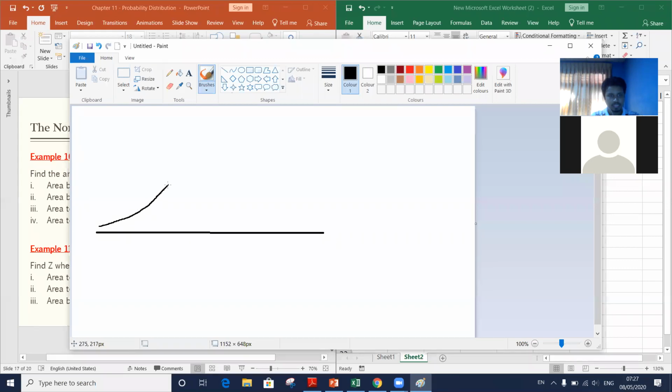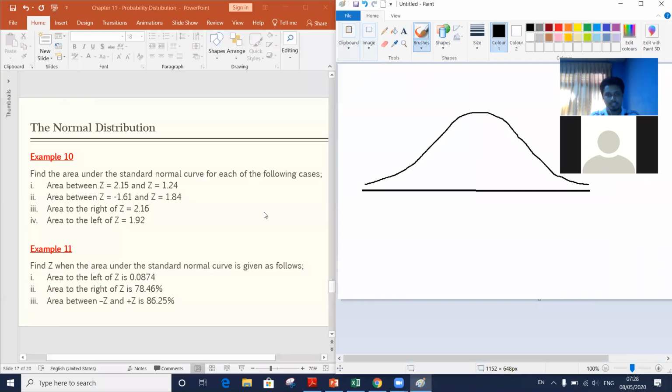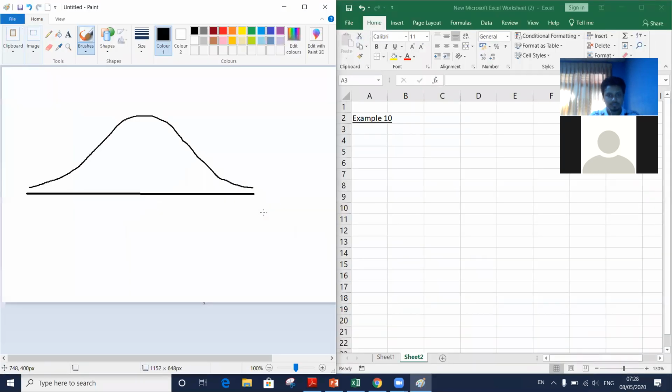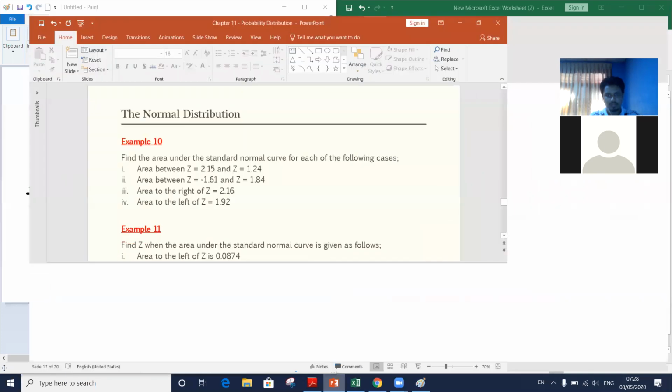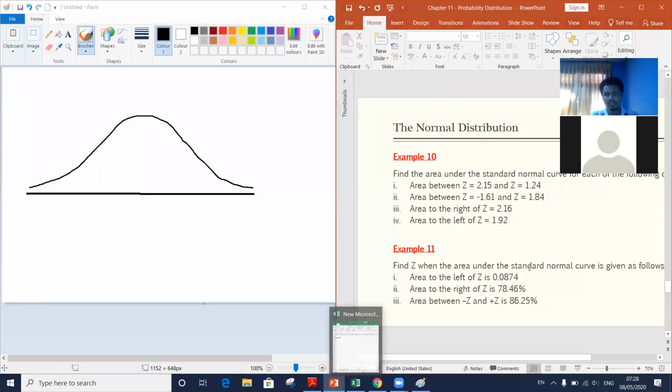A distribution that touches the horizontal axis and goes symmetrically. Something like this. This is a normal distribution, a symmetrical distribution like this. Find the area under the standard normal curve.